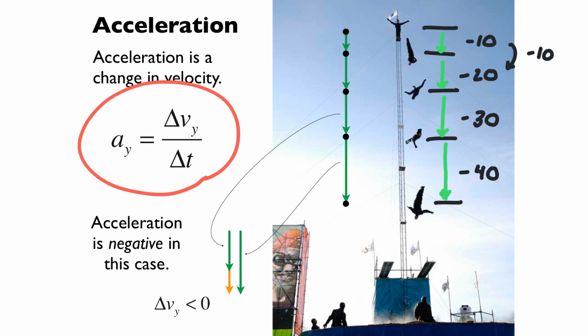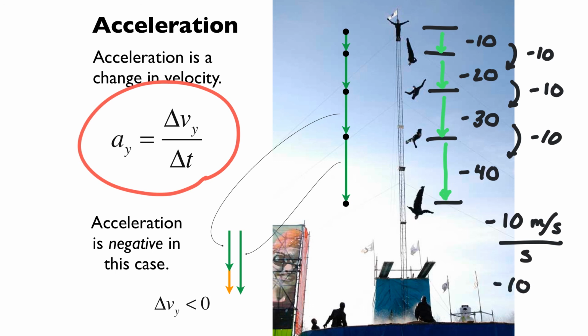So it goes from -10 to -20, -20 to -30, the change is -10, -30 to -40, the change is -10. And so this velocity is changing by about -10 meters per second every second. And so we'd end up with an acceleration of -10 meters per second squared. And that is approximately the acceleration of free fall.